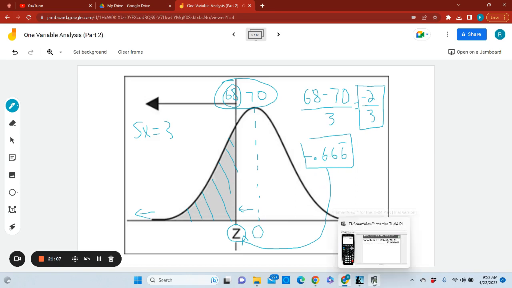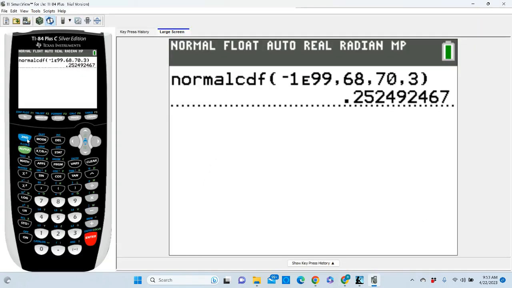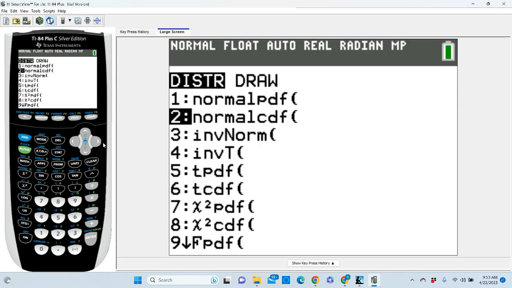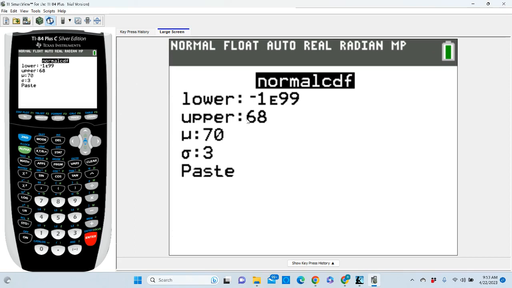And I can talk to the calculator in terms of standard deviations as well. I should get the same number, right? So let me do it again. Second distribution, normal CDF. And now instead of using the raw scores, I'm going to speak to the calculator in terms of z-scores, okay?